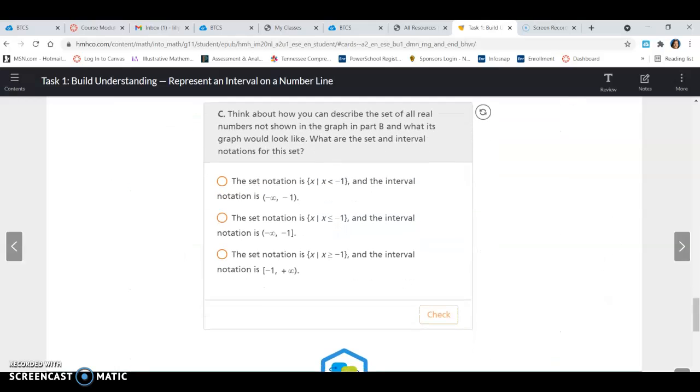So think about which set represents less than or equal to -1. So here we've got less than or equal to -1, and here it has a bracket at -1. So it's going to be the set notation of x such that x less than or equal to -1, and the interval notation is -infinity to -1 with a bracket.